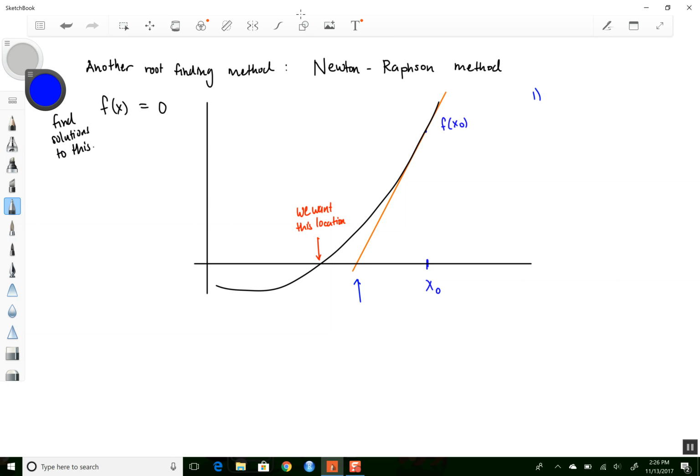all right, so 1 is start at x0. 2 will be find f of x0. All right, I mean, this is not really it, but okay.